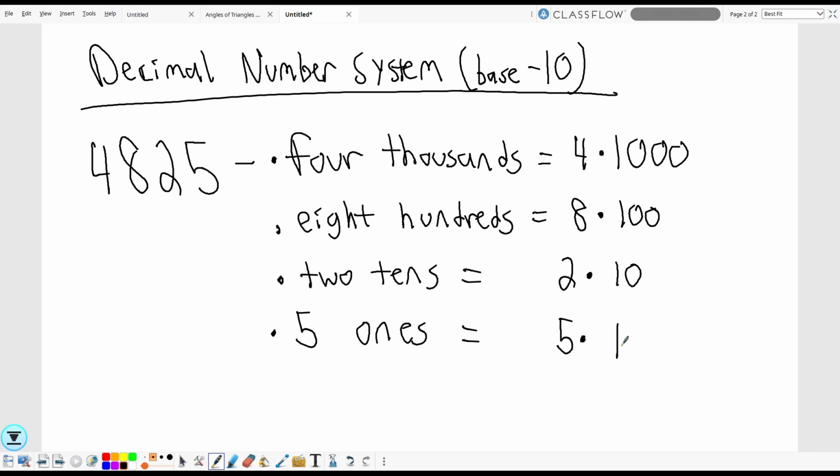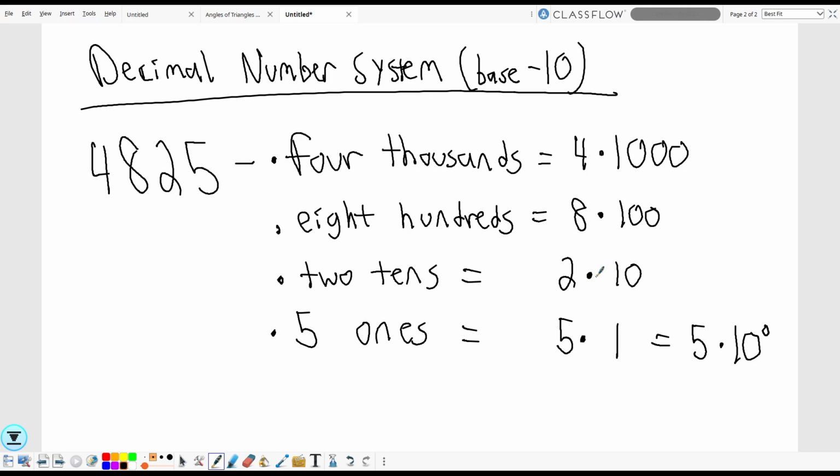So we can break this down even further. We're in the base 10 number system, so everything's based on a power of 10. For example, we can rewrite the 5 times 1 as 5 times 10 to the 0th power, because anything raised to the 0th power is 1, but it still counts as a power of 10.